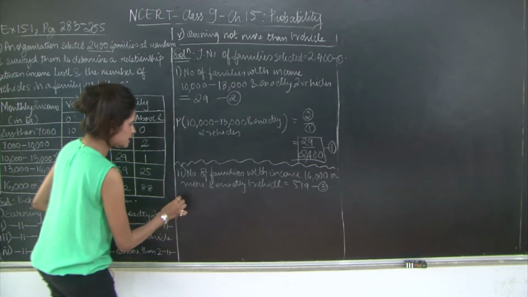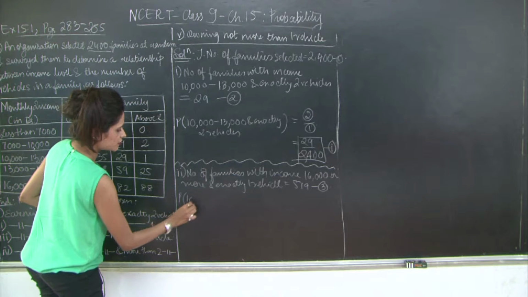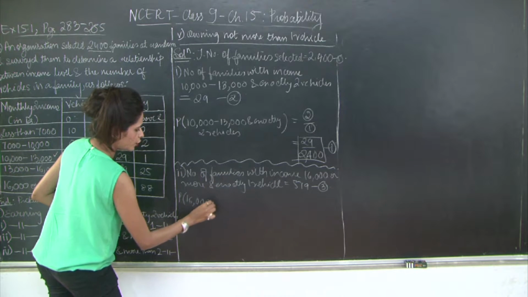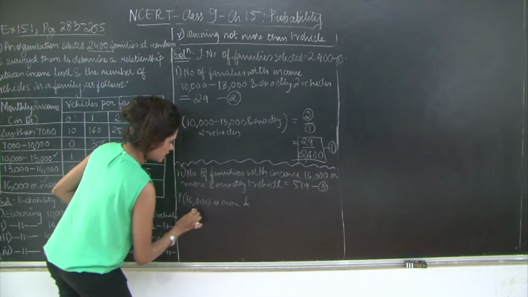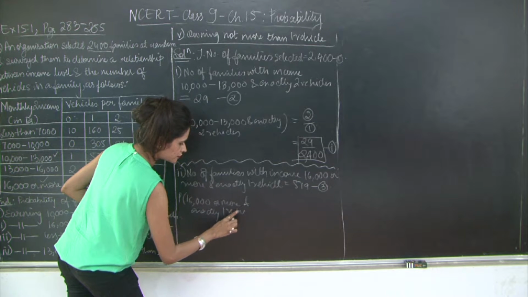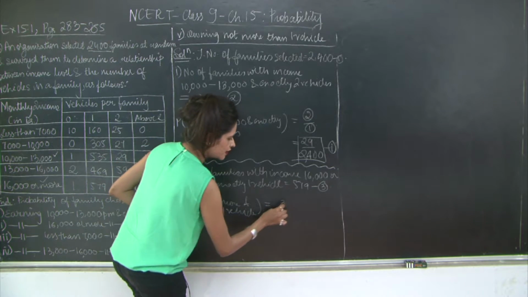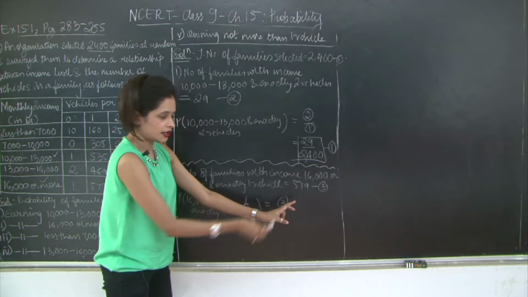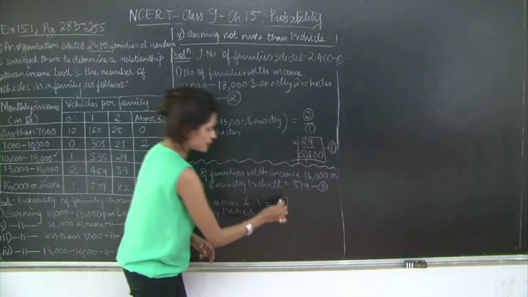So the probability of 16,000 or more and exactly one vehicle is going to be 3, that is the number of families falling under this category, divided by the total number of families selected.